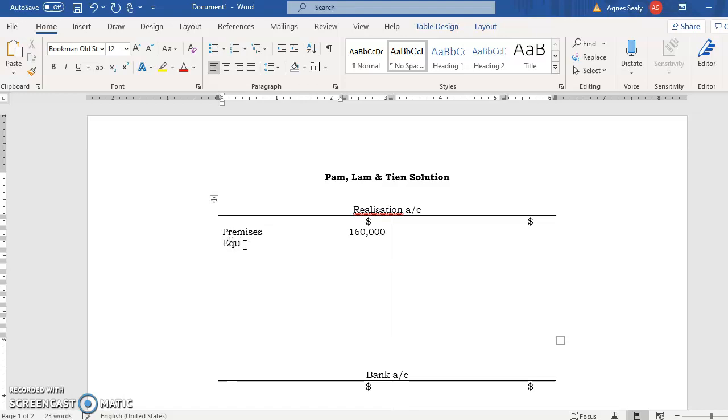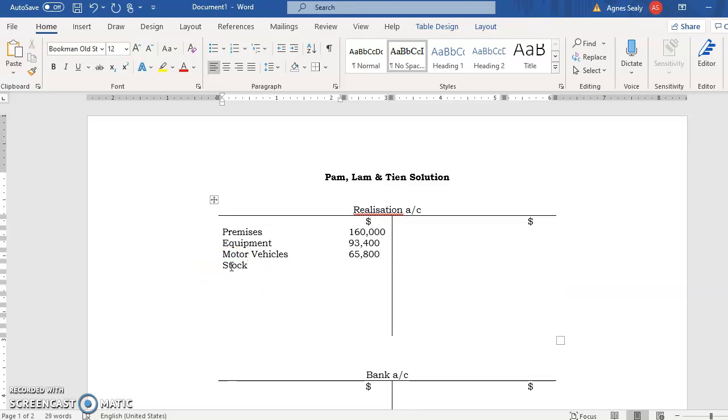The next one is equipment. So we're going to debit realization for $93,400 and credit equipment for the same amount to close that account as well. We're going to debit motor vehicles for $65,800 and credit the motor vehicle account to close that off.